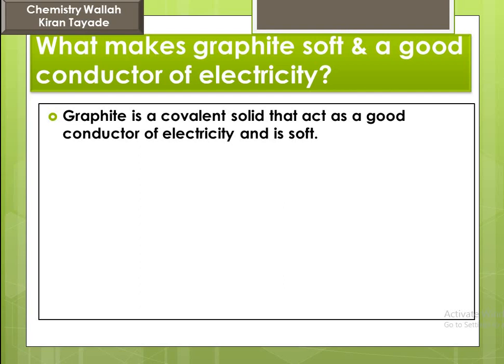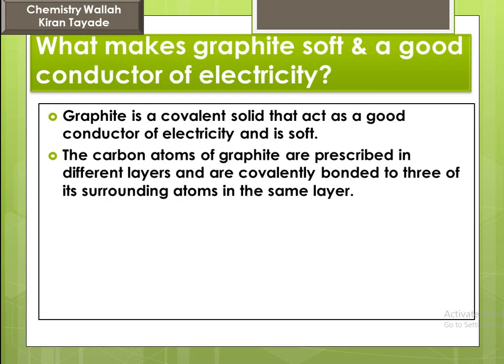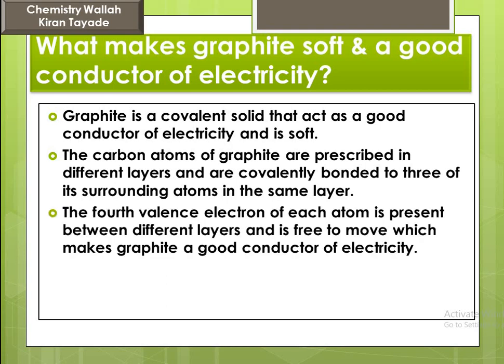Graphite is a covalent solid that acts as a good conductor of electricity and is soft. The carbon atoms of graphite are arranged in different layers and are covalently bonded to three of their surrounding atoms in the same layer. The fourth valence electron of each carbon atom is present between the different layers and is free to move, which makes graphite a good conductor of electricity.